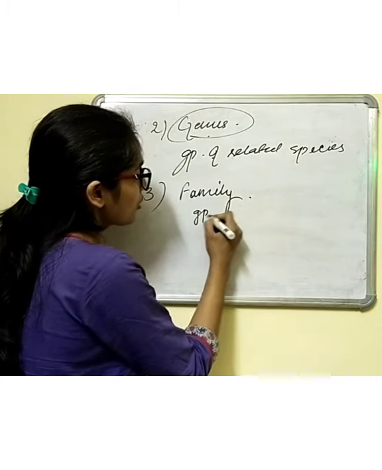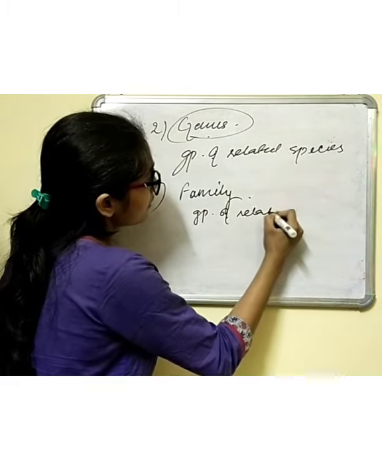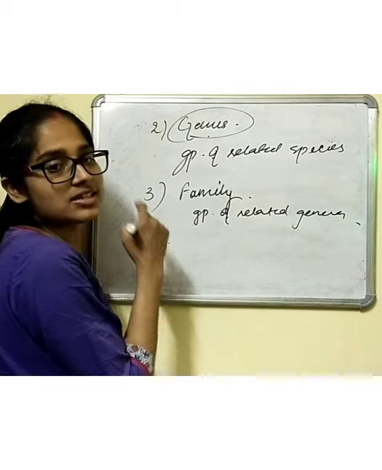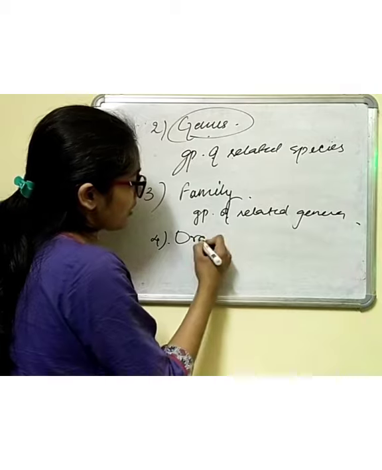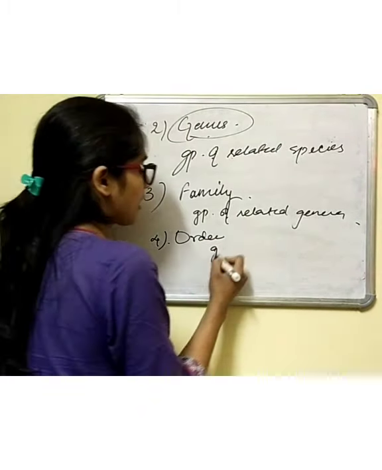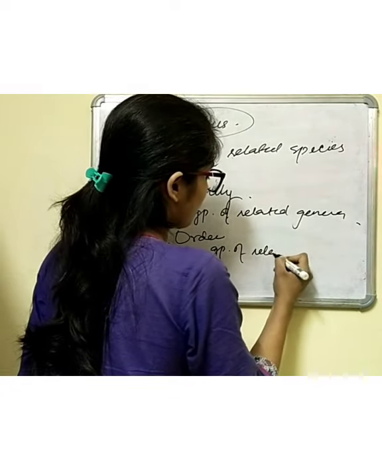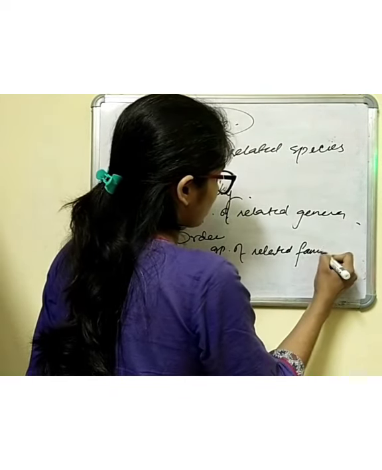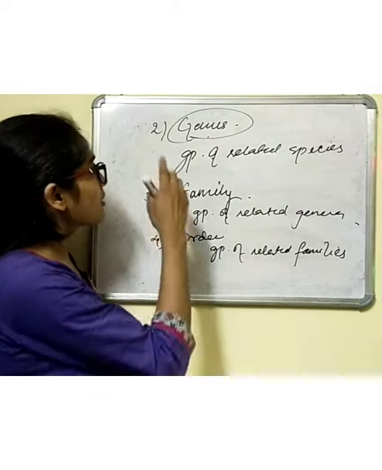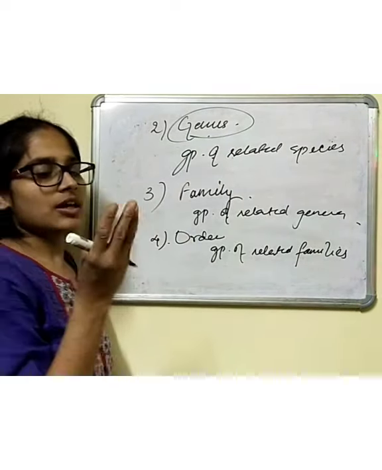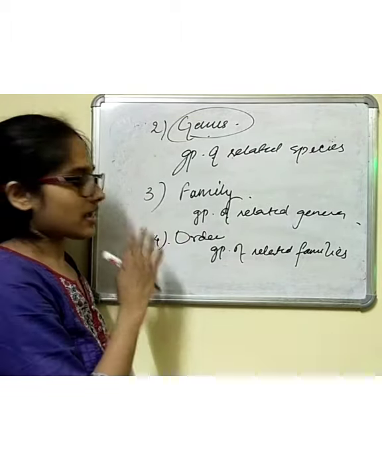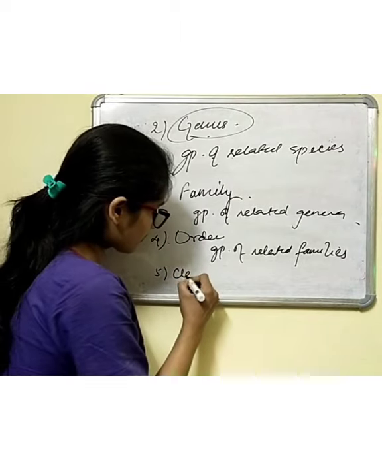Now the fourth one is order, which is again a group of related families. So it is species, genus, family, order, and then the next one is class.